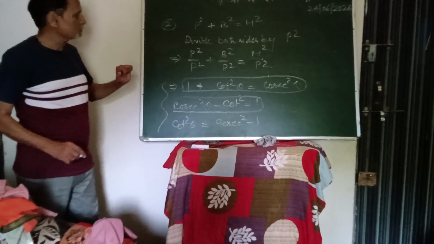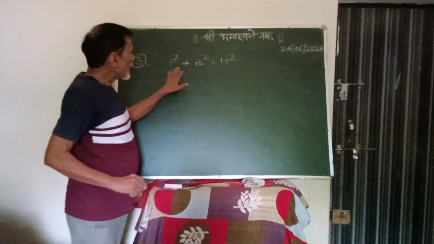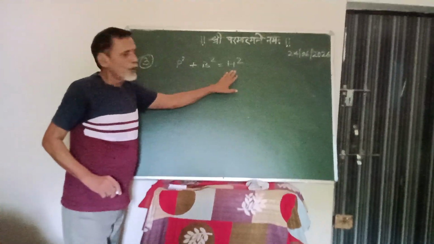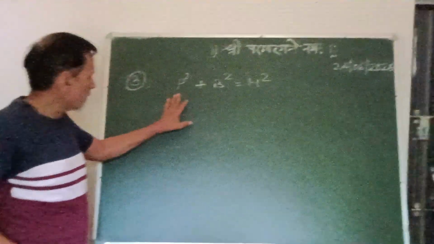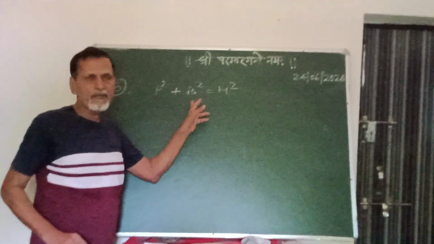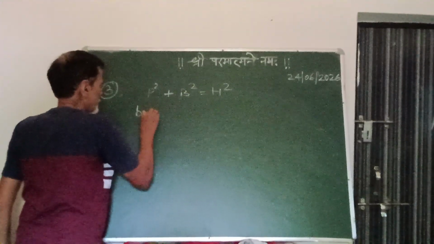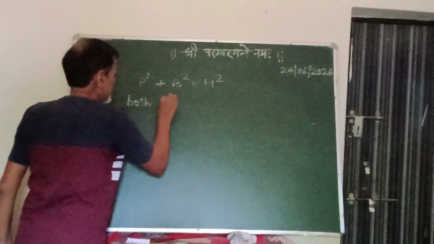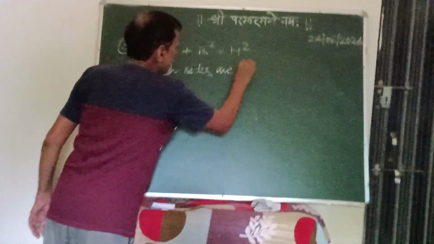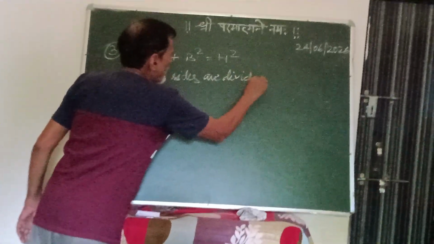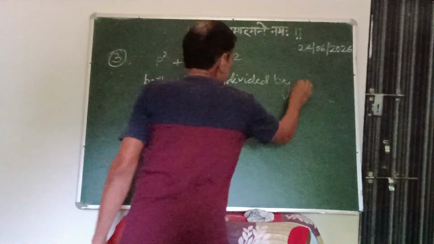So the third one is, just p square plus b square equal to h square. We have divided in first by h square, second by p square. Now we will divide both sides by b square.